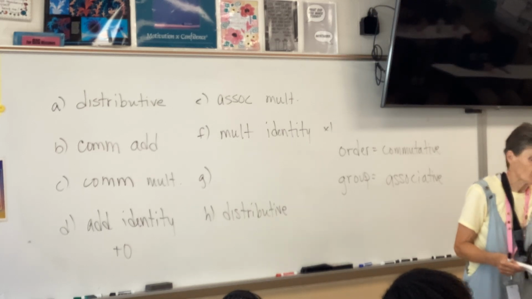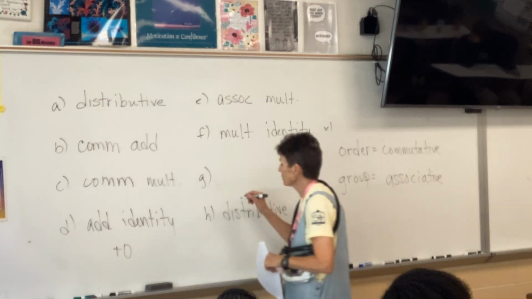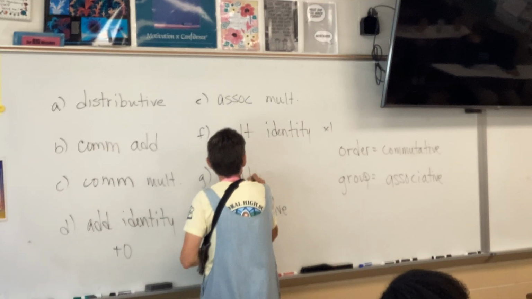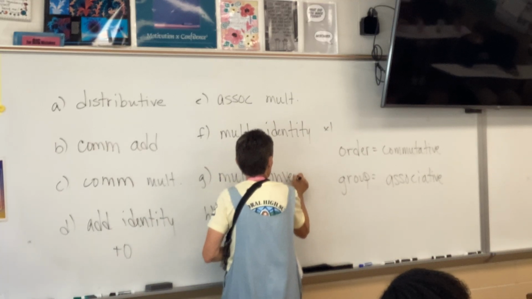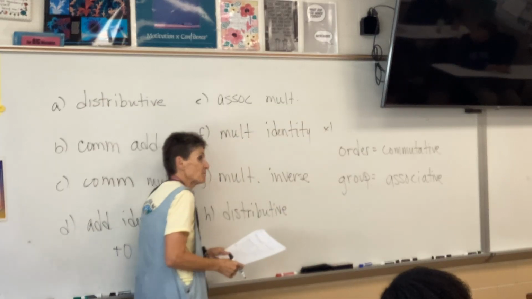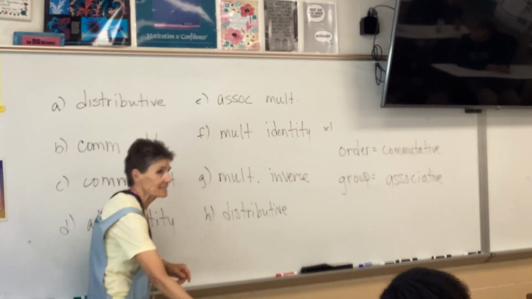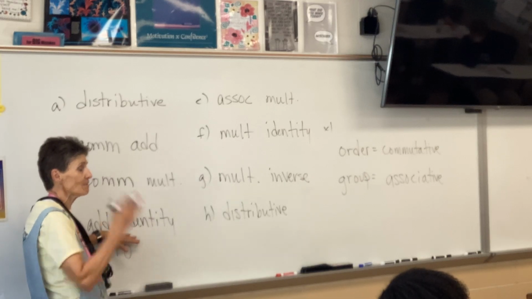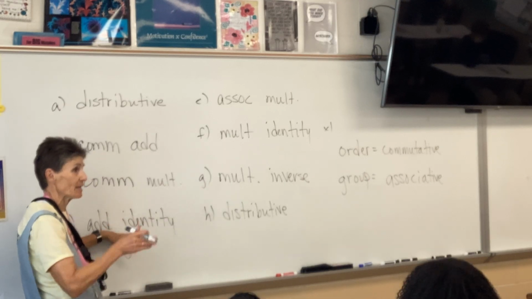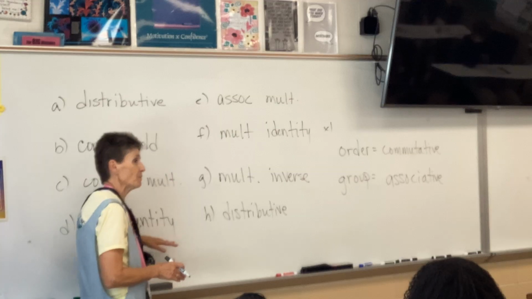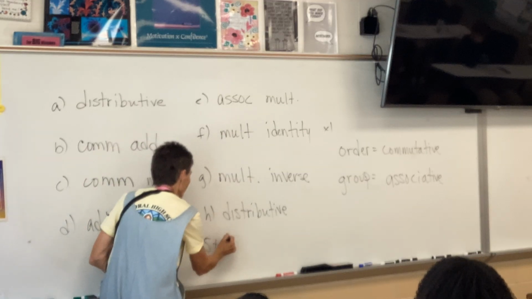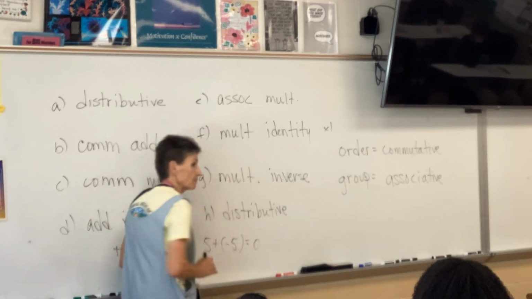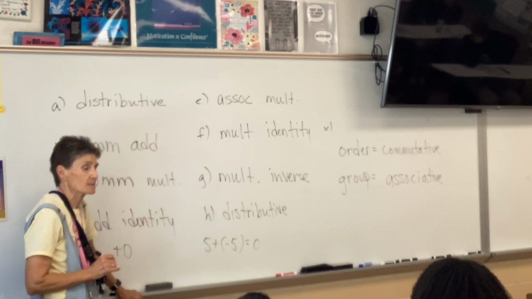For multiplication, it's the reciprocal. They cancel each other out. This is called the multiplicative inverse. When things stay the same, they're identities. 5 plus 0 is 5. That is the identity. When things cancel out, they are inverses.